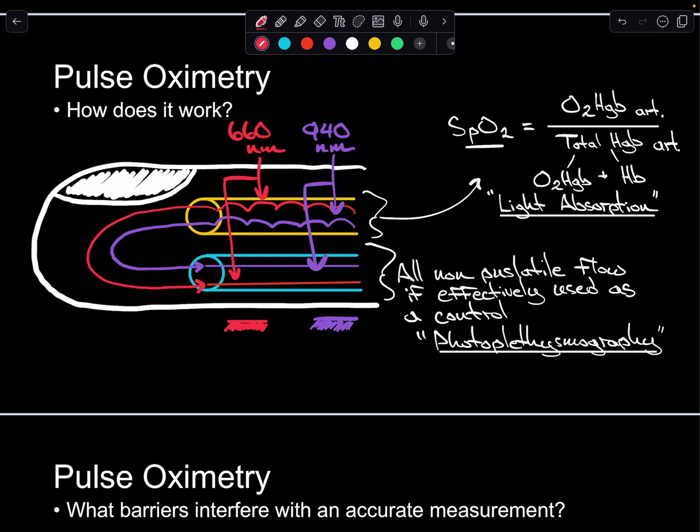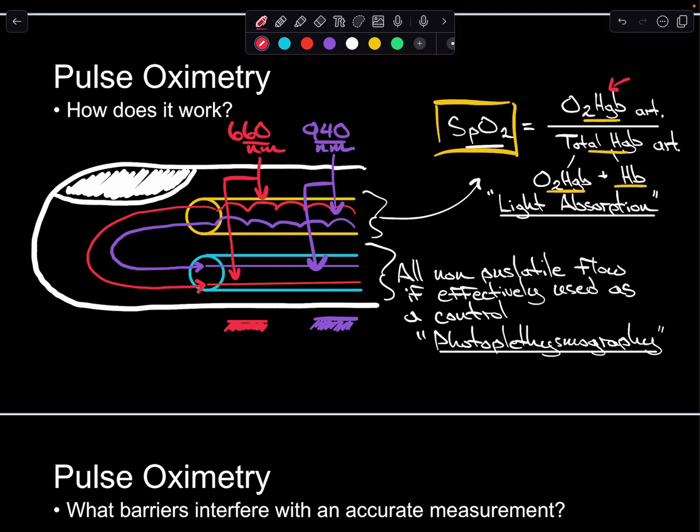How it does that is hemoglobin that's bound to oxygen absorbs light at 660 nanometers. Hemoglobin that is unbound to oxygen absorbs light at 940 nanometers. And then over here, you can see that your percentage of oxygen that's bound to hemoglobin is reported as your SpO2, and that's equivalent to your oxygen bound to hemoglobin over your total hemoglobin, which is composed of your oxygen-bound hemoglobin plus your unbound hemoglobin.